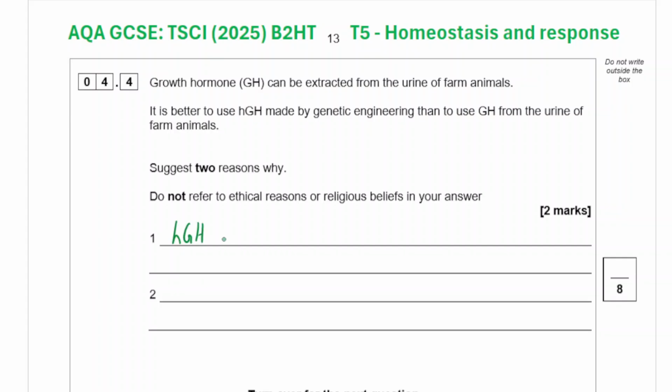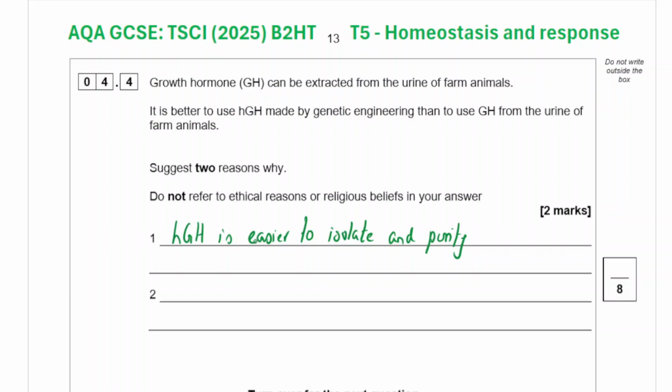HGH is easier to isolate and purify than the GH from the urine of farm animals, because the urine will contain a whole lot of other impurities, and it could also contain other hormones as well, antibiotics and such.